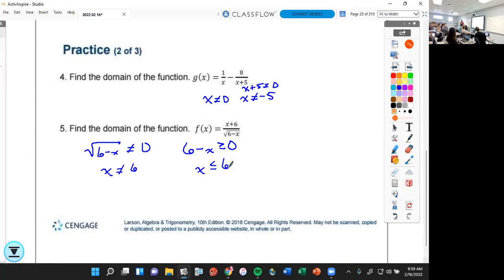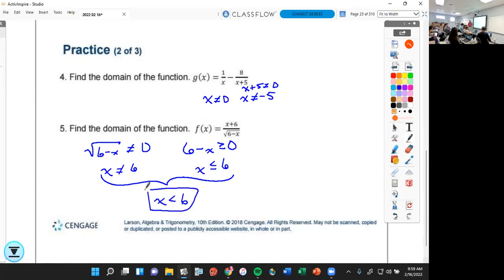They both have to be happy. If I combine these, put them together, x is less than 6. If x is less than 6, then it's not 6. If x is less than 6, then it's less than or equal to 6. They're both happy, right?